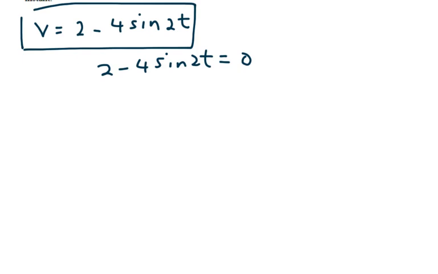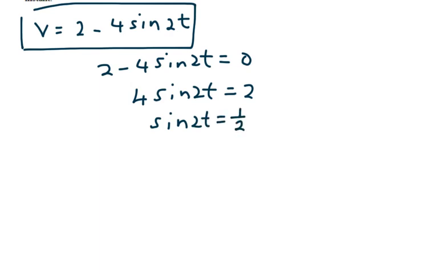Solve this trigonometry equation. You will be getting 4 sine of 2t equals 2. You move 2 to the other side and cancel off the negative sign. So sine of 2t will be equivalent to 2 over 4, which gives 1 over 2.